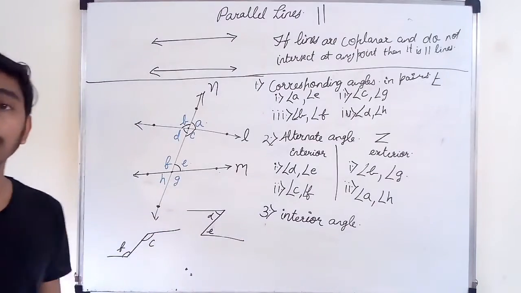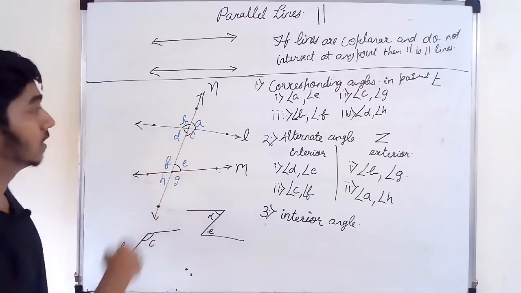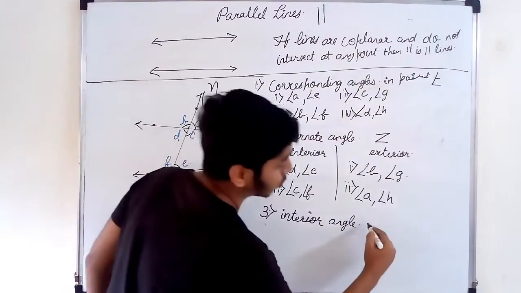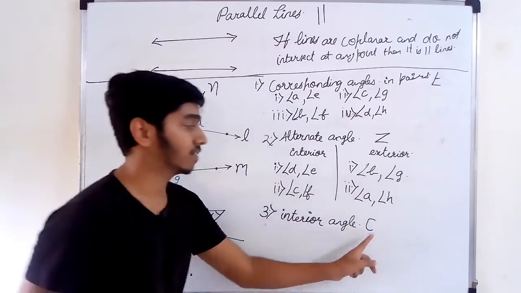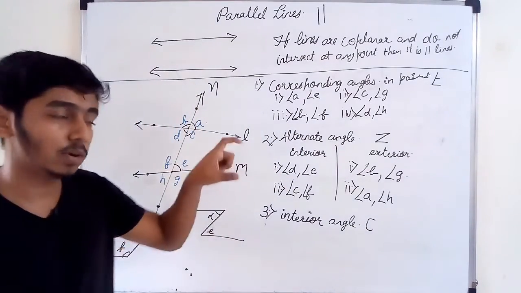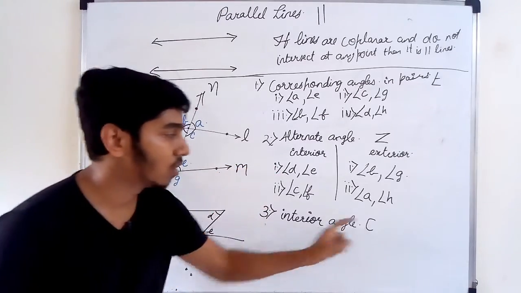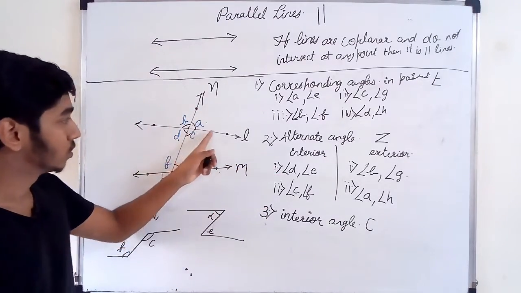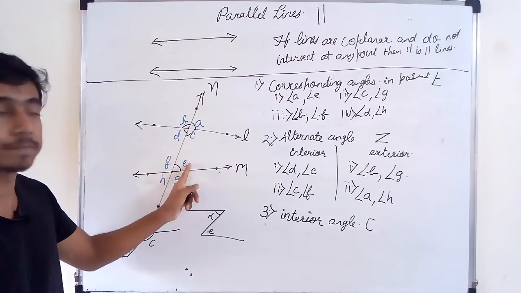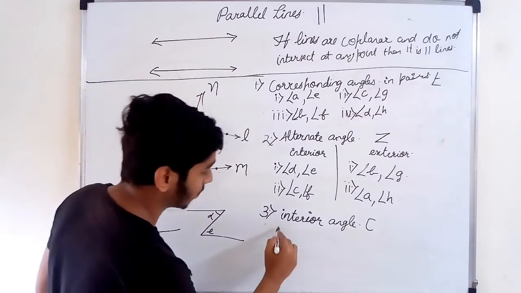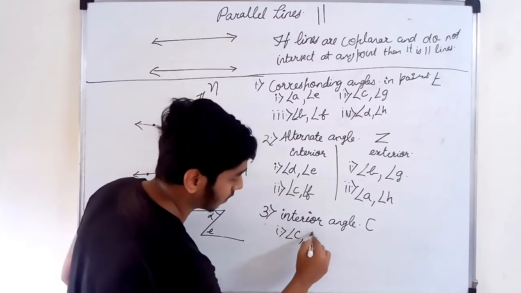Interior angle. So for interior angle, you should think of C. The angles inside this C are called interior angles. So that will be C and E. C and E will form one pair.